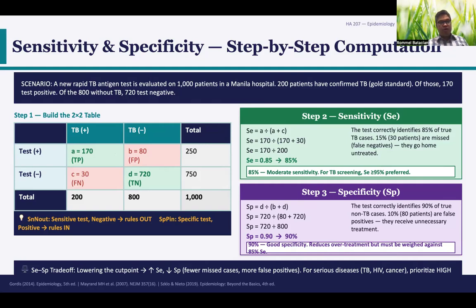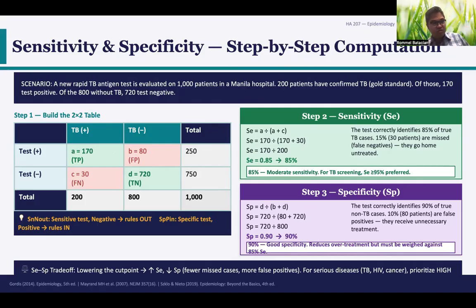If you lower the diagnostic threshold because you want to catch more true cases, you will also catch more false positives. Therefore, you increase the sensitivity but lower the specificity. Now, if you raise the threshold to reduce the false positives, there's a tendency to miss more true cases. So the clinical context here dictates which you prioritize.